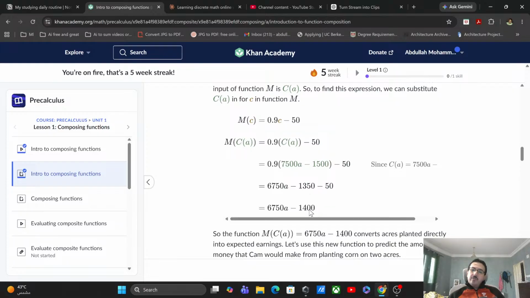Minus and minus, so it's 1400. Am I correct? Minus 1350 minus 50. Yep, minus 1400, because minus 5 and minus 5 is minus 10, while 5 minus 5 is 0. It's minus 10, and minus 50. Yep.